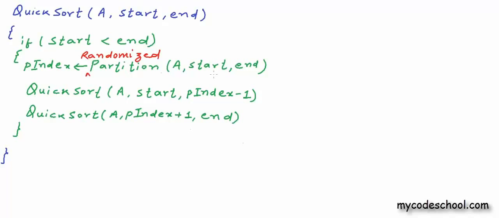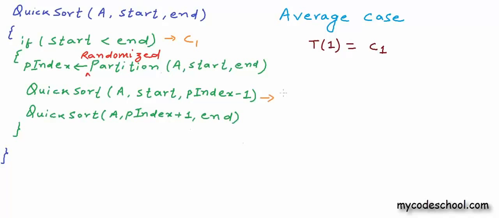Now let's try to analyze the average case. Once again, our base case T1 is C1. Now what will be my Tn? In average case, we will say that we can have all kinds of splits with equal probability. Let's say our array is split such that pivot lies at index i. The time taken for the left half in this case will be T(i-1), because there will be i-1 elements in the left half, and there will be n-i elements in the right half.